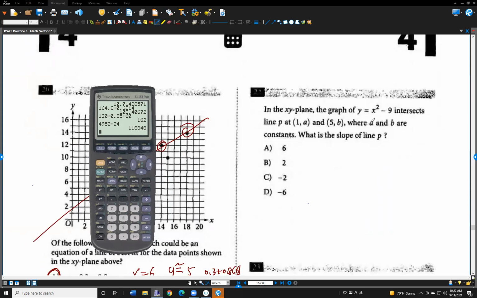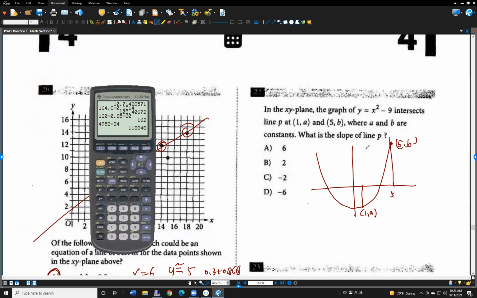Okay, we have the graph of y equals x squared minus 9 intersecting at 1, a and 5, b. Now we're going to find the average slope. x squared minus 9 looks like this. This is 1, a. The other one is 5, b.